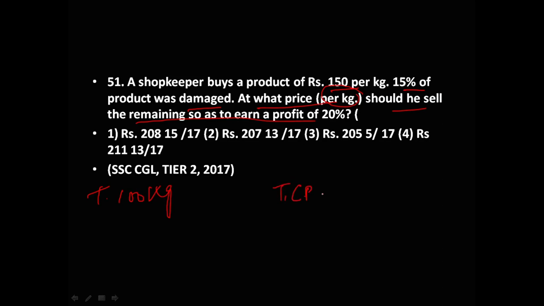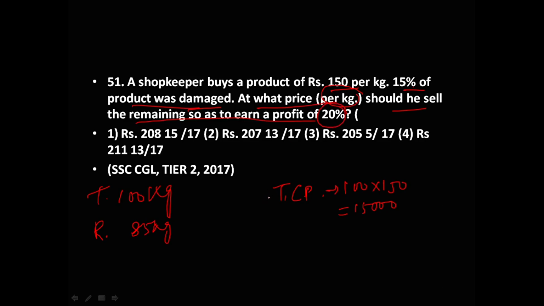Total CP is 100 multiplied by 150 equals 15,000. Clear? And actually 15% of the product was damaged, so the product in good condition, the remaining product, is 85 kg now, right? He has to earn a profit of 20%.